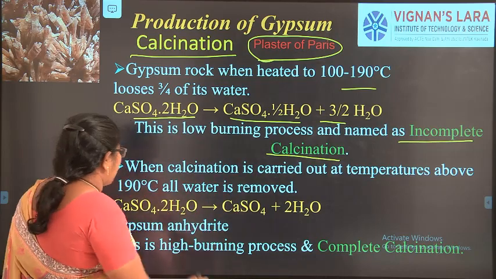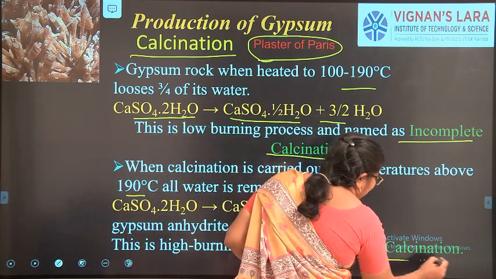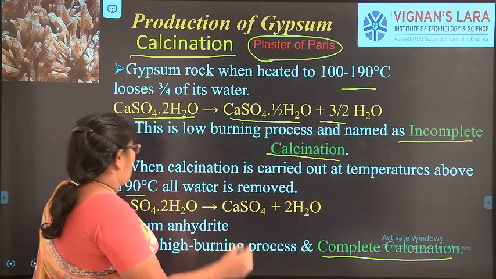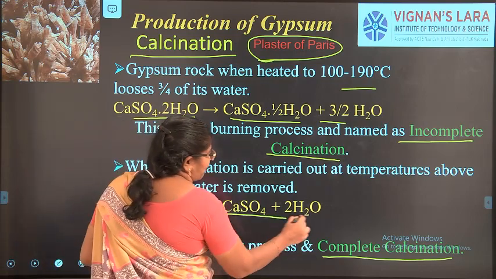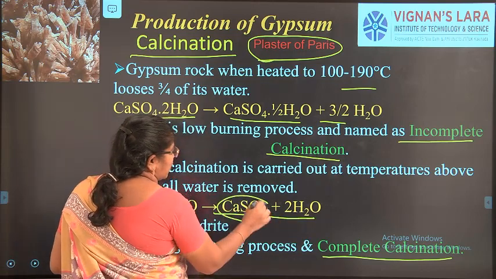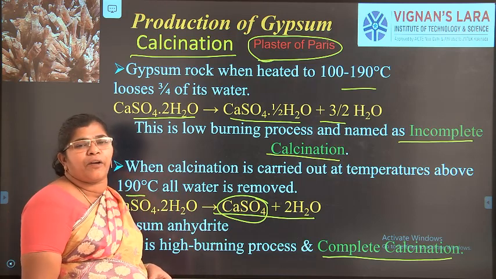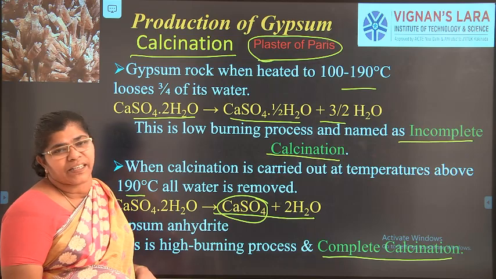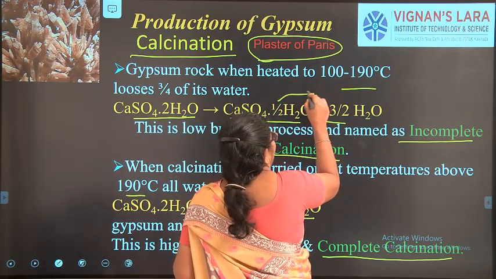But when the temperature is above 190 degrees centigrade, then complete calcination will take place, by which CaSO4 2H2O will change to CaSO4 plus 2H2O. This is called gypsum anhydrite. This will be in the form of a powder, pulverized into powder. This is the anhydrous part.